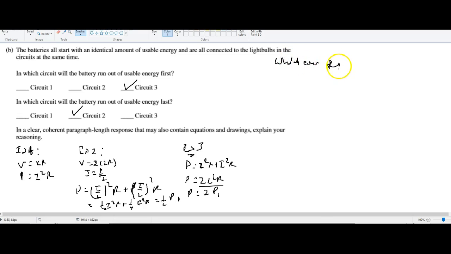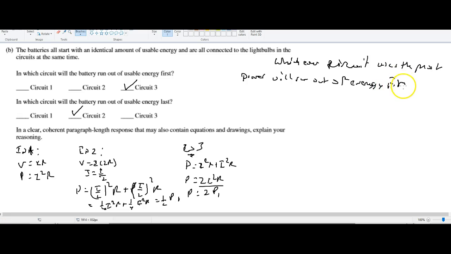Whichever circuit uses the most power will run out of energy first. And you can put it, assuming they have the same energy to start with.